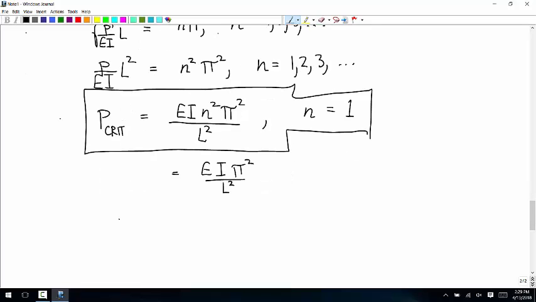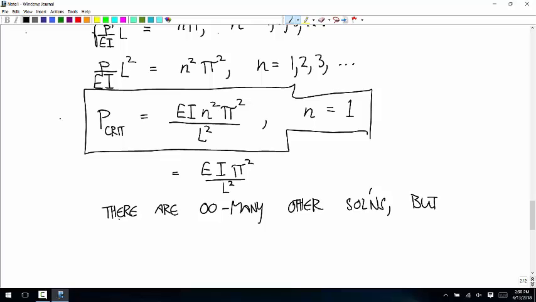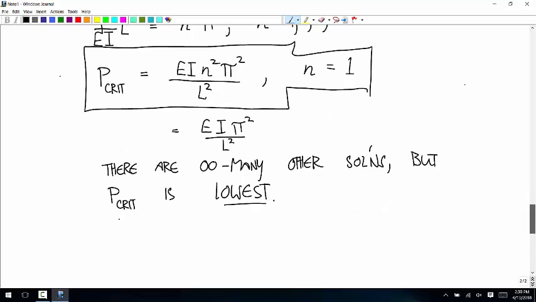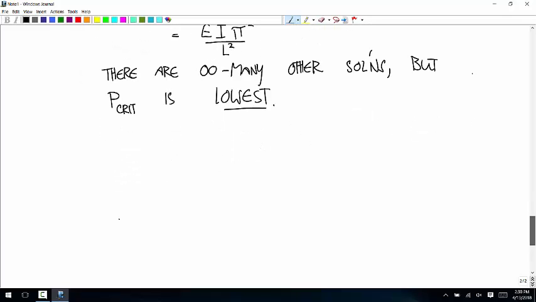Critical solution isn't the only solution. There are infinitely many other solutions, corresponding to all the different n's. But P critical is the lowest of those. And here's what these different solutions correspond to.